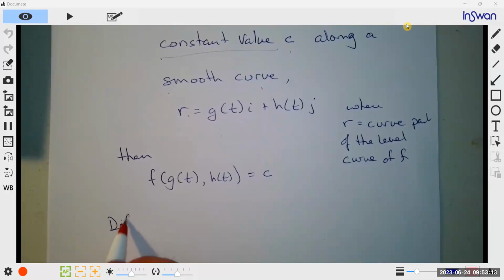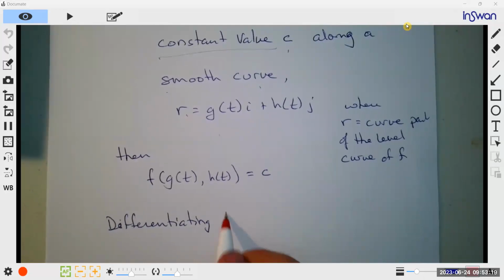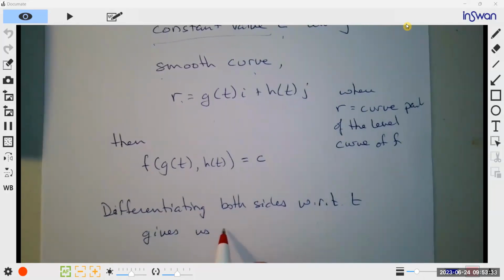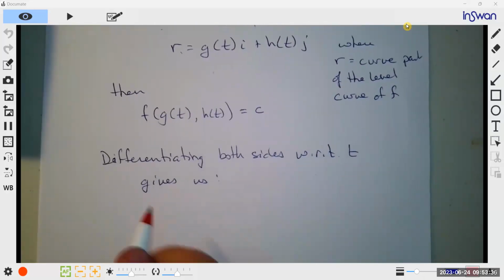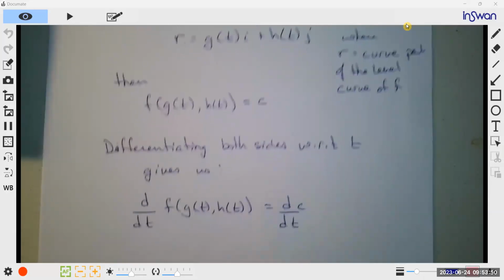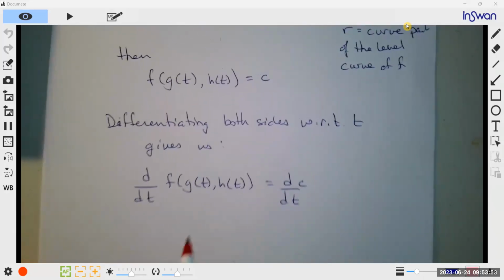Then differentiating both sides with respect to t gives us the derivative with respect to t of f of g of t, h of t, equals the derivative of our constant with respect to t.